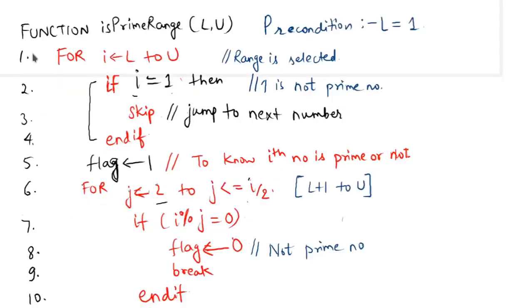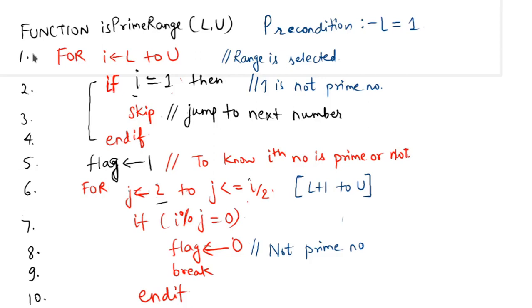Prime range takes two parameters L and U, with the precondition that L should always start with a value of 1. Then the loop is executed, for which the range is selected and it will start from 1 to U. Since 1 is not a prime number, it has to jump to the next number.